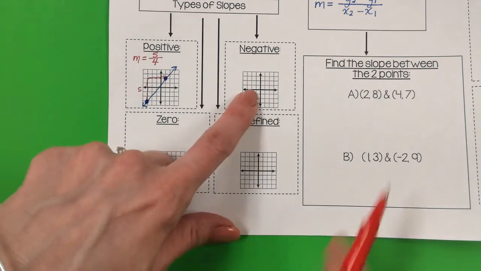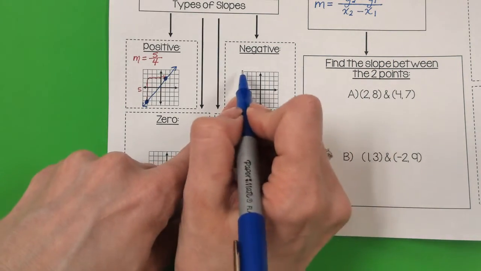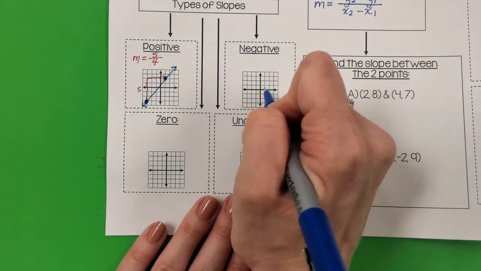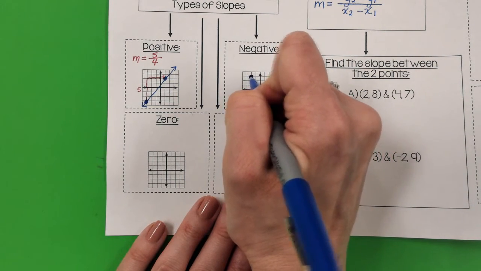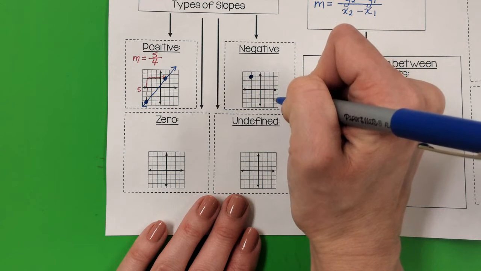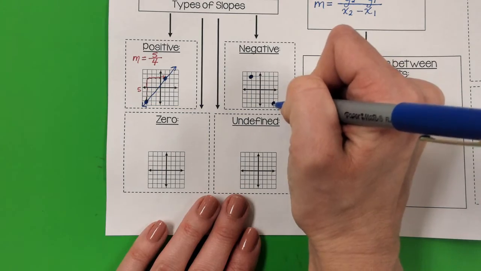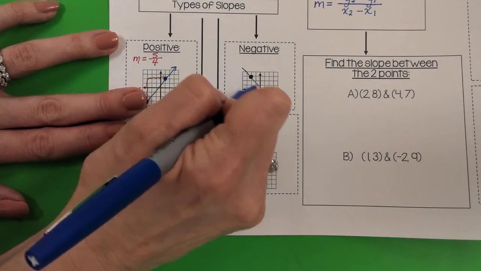Opposite of that over here, negative actually goes down to the right. So let's graph 2, 3, and 3, negative 3. And then connect those.